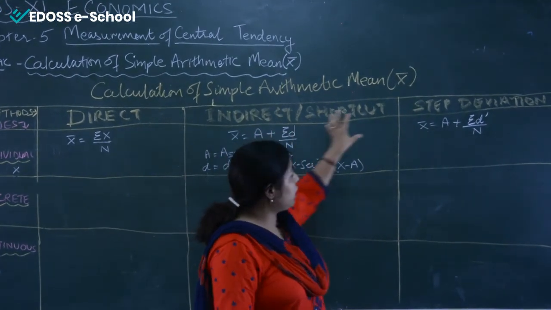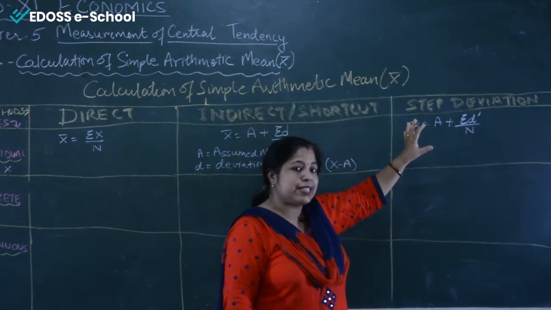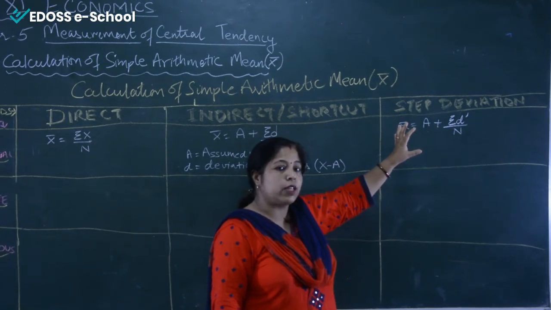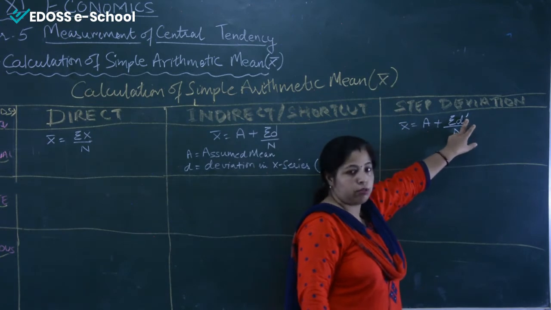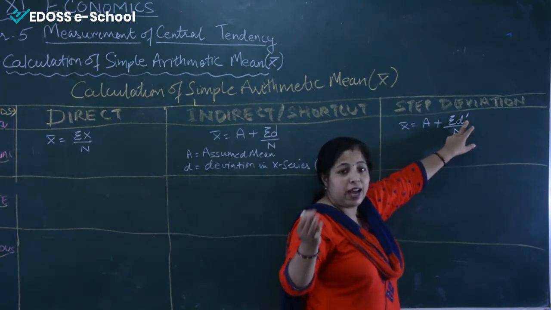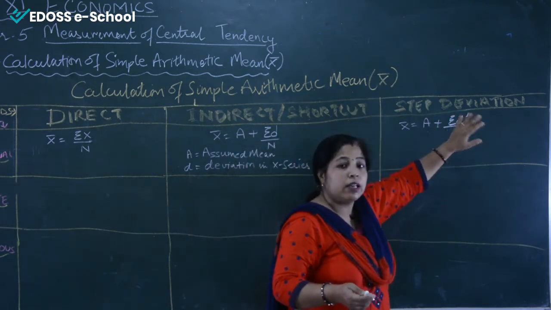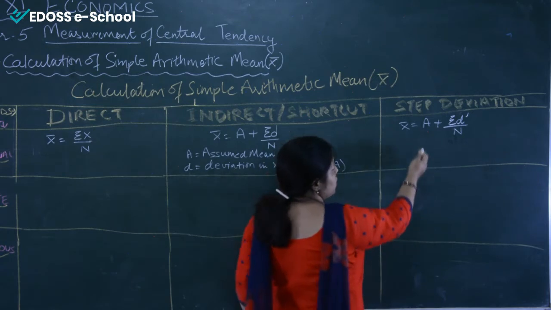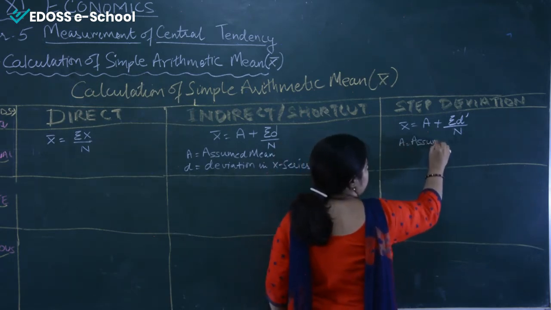Previous formula and this formula are almost similar, but with a very slight change, and it is going to increase one column while solving the sum, and that is this dash, and we call it D dash. Here it is D, here it is D dash. So let us understand the formula first. A stands for assumed mean, as we have already discussed.